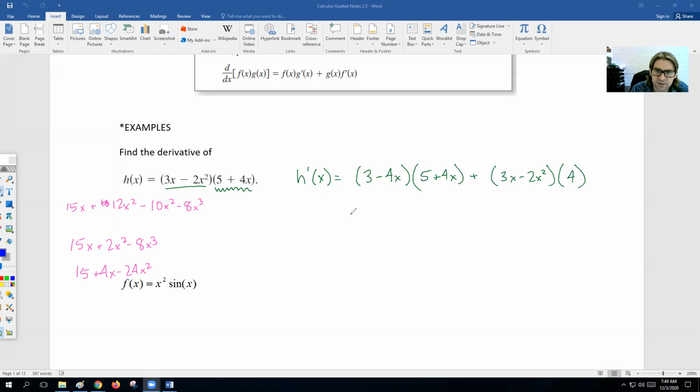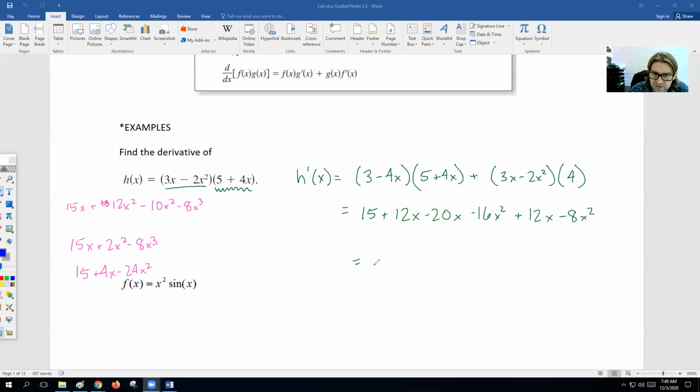So we get this expression here, and if we were to FOIL this out, we'd have 3 times 5 is 15. We'd have a plus 12x. Then we'd have a minus 20x and a minus 16x squared. And then over here, we'd have to distribute the 4. We'd get a plus 12x and a minus 8x squared.